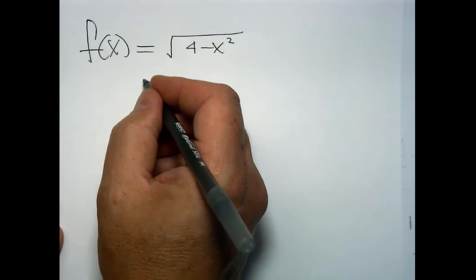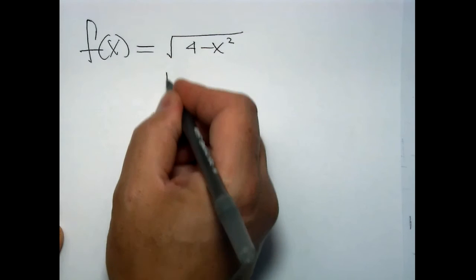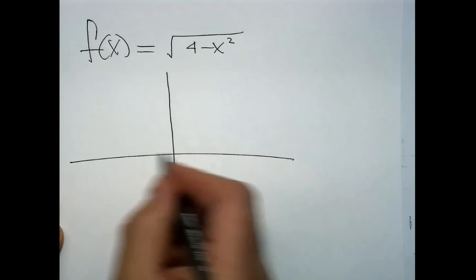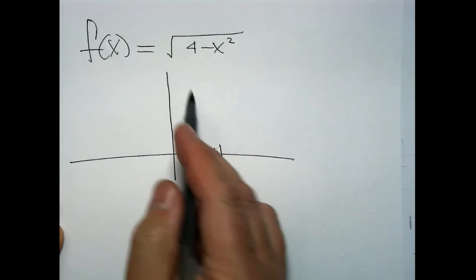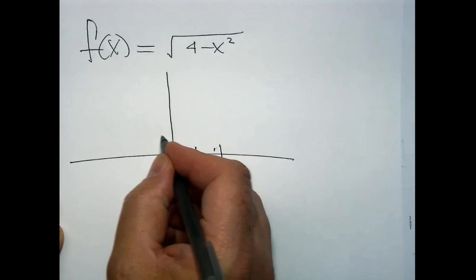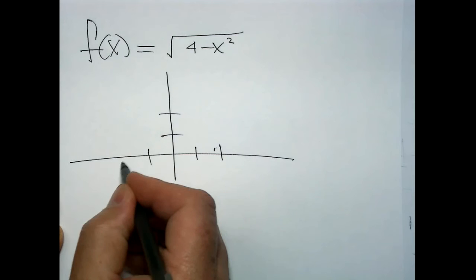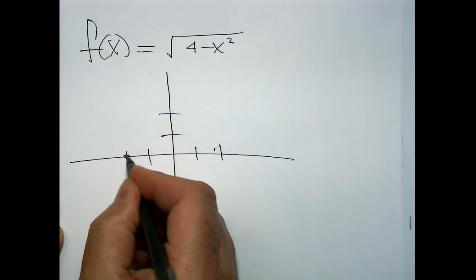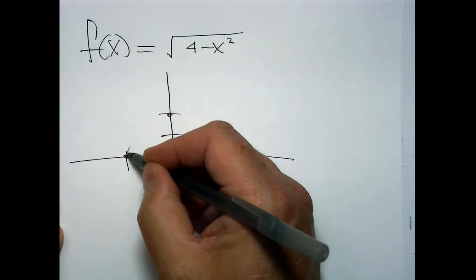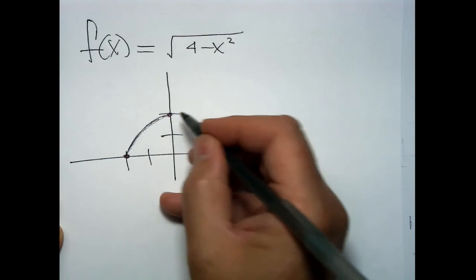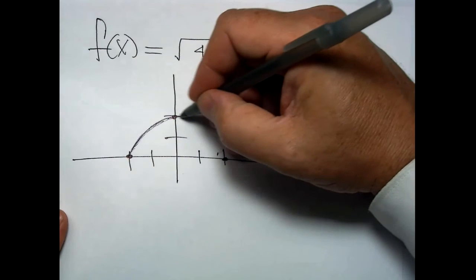And what you're going to get in that scenario is just the top part of the circle. It's a function. It's a radius 2. This is defined here, this is defined here, this is defined here, but it is a function, so you will only get the top half, you won't get the bottom half, otherwise it's not considered to be a function.